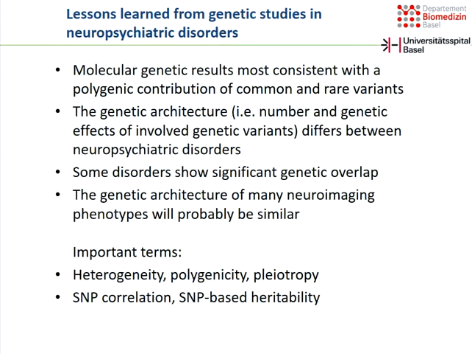Pleiotropy: the different effects that one genetic variant can have on different phenotypes. Then I've shown you SNP correlation and SNP-based heritability, very useful tools to investigate the relationship between diagnoses, between different phenotypes, and also to estimate the overall effect of certain genetic variants on the overall phenotype or on the heritability.